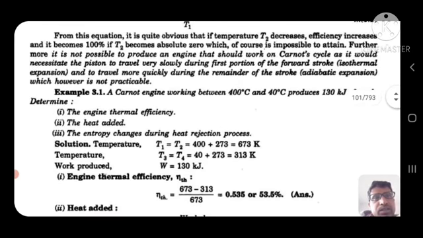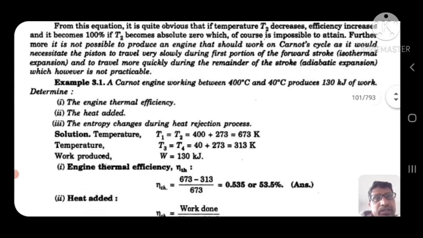From this equation, it is quite obvious that if temperature T2 decreases, efficiency increases and it becomes 100% if T2 becomes absolute zero, which of course is impossible to attain.